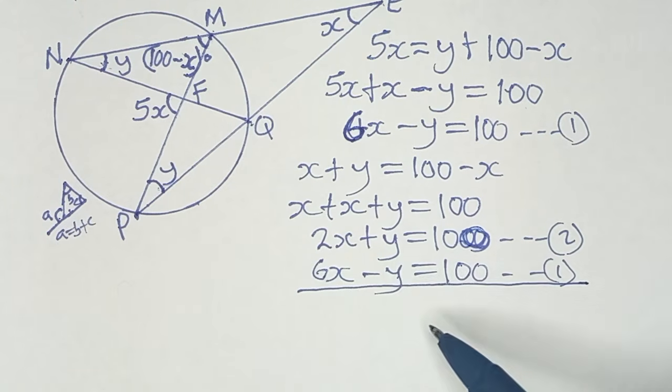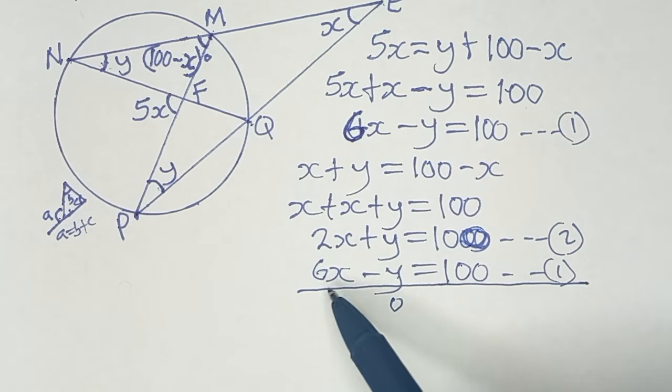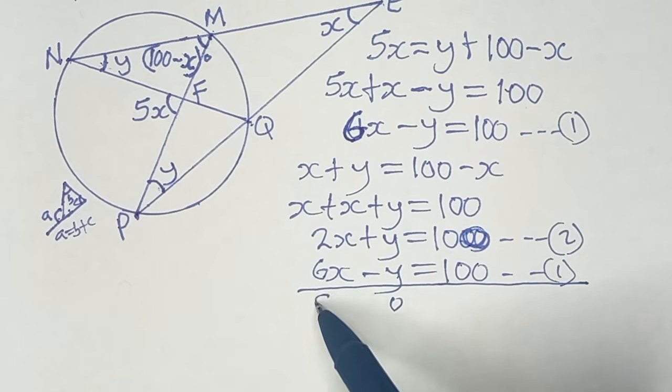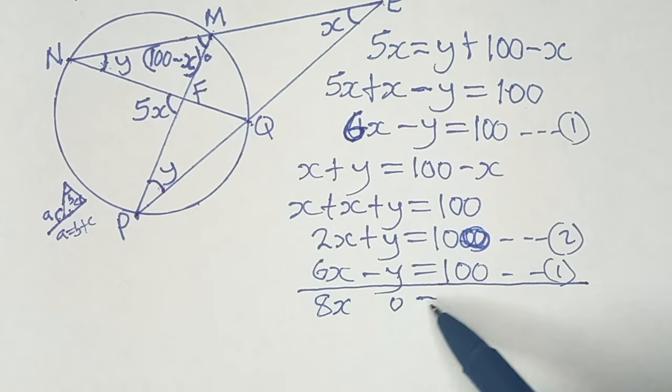I'm adding the two equations together so that we can eliminate y. So y plus minus y will give us 0, so y has been eliminated. 2x plus 6x will give us 8x, and that will be equal to 100 plus 100, which is 200.